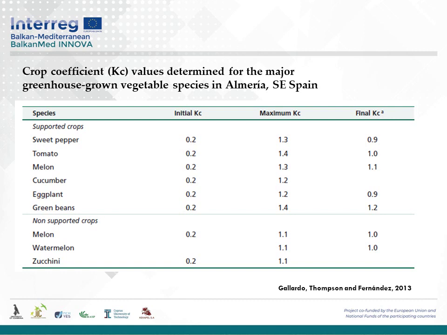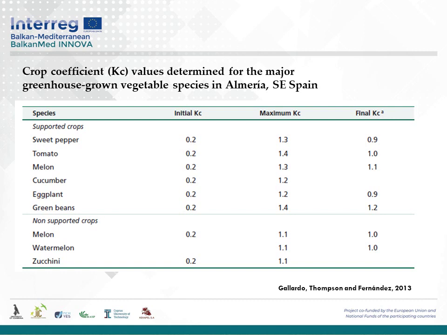Then the coefficient increases linearly and reaches its maximum values, which range from 1.1 to 1.4, depending, of course, on the species of the crop.